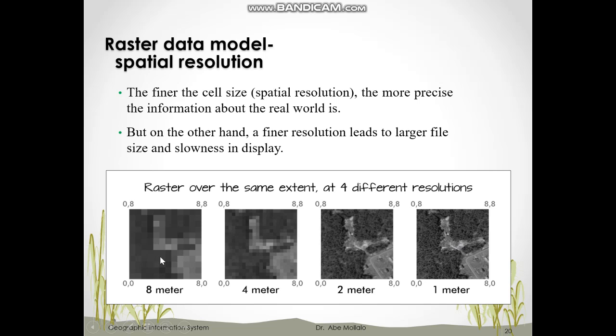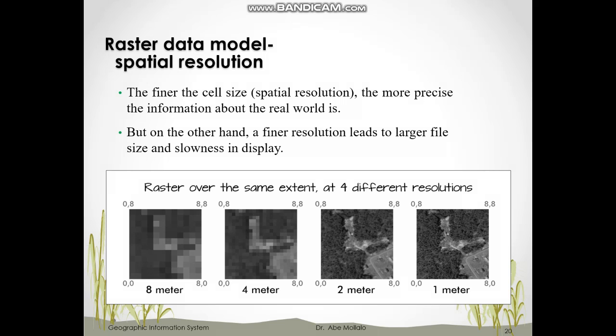A finer resolution leads to a larger file, and also slowness in display, because computers need to load a larger file. For example, if you have a DEM, or digital elevation model, for the entire United States with 30 meter spatial resolution, it may take a few minutes for loading. But if you use 1000 meter spatial resolution, it only takes a few seconds for loading.